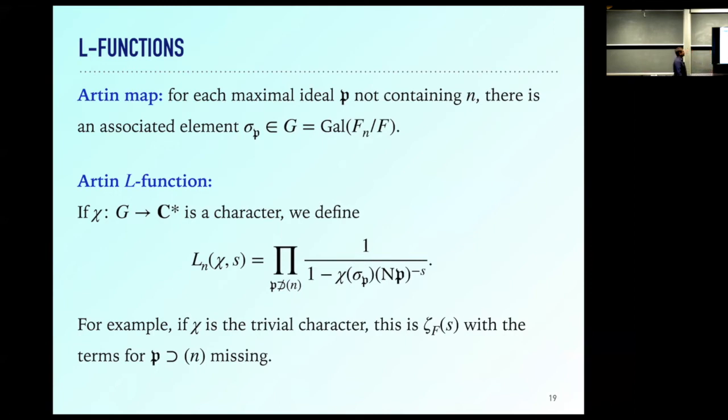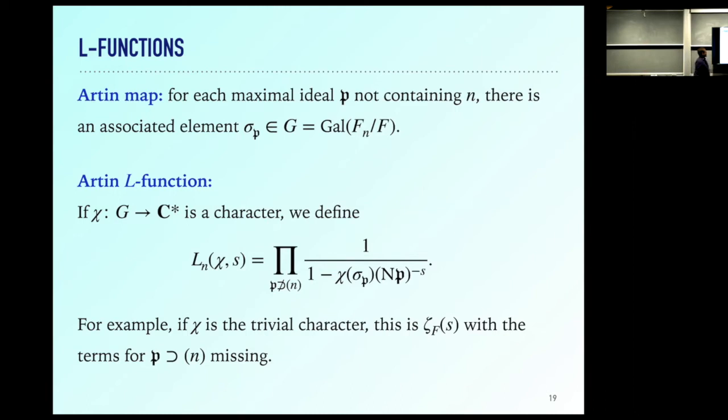Okay, and because the Frobenius is only defined for P's that don't contain N, you take this product over all P's that don't contain N. These are the maximal ideals of your ring that don't contain the integer N.